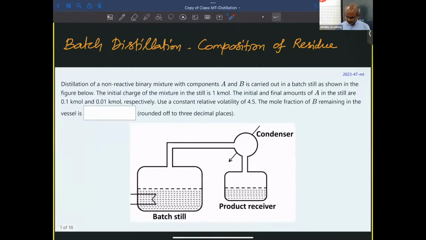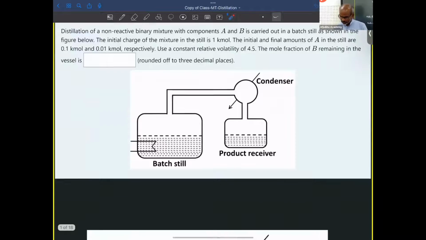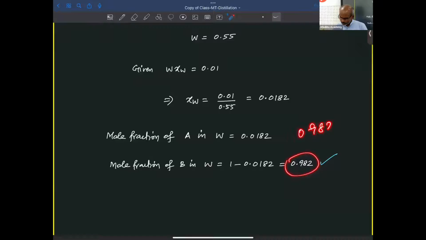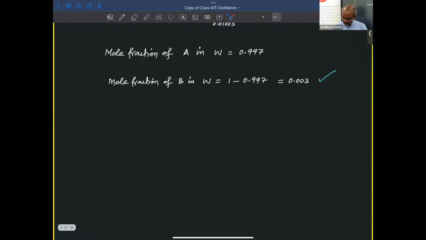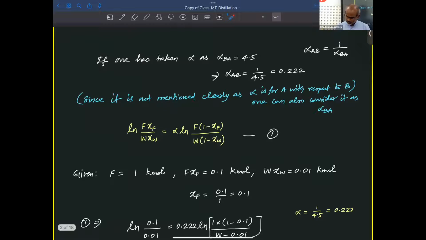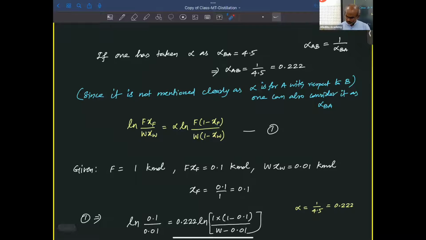In the answer key, they have given the accepted answers were 0.982 as well as 0.003 with the accuracy level of 0.001. So we are able to tell now how this is coming, or the other answer 0.003. That 0.003 will come only if you take this alpha as 1 by 4.5.